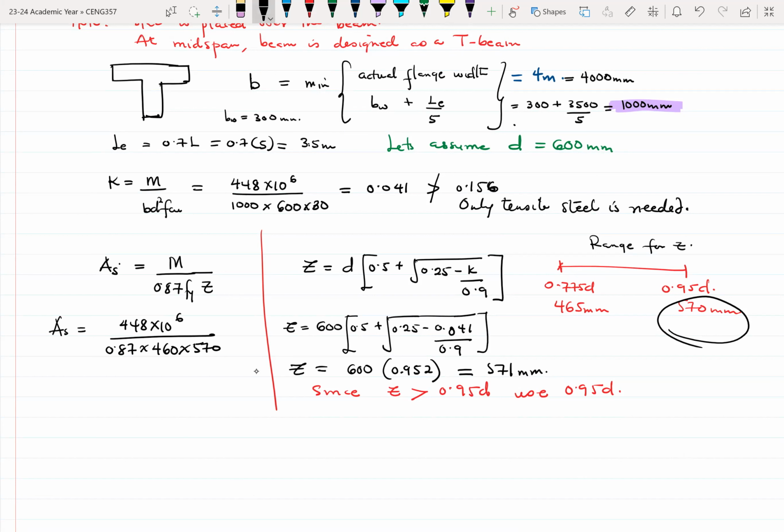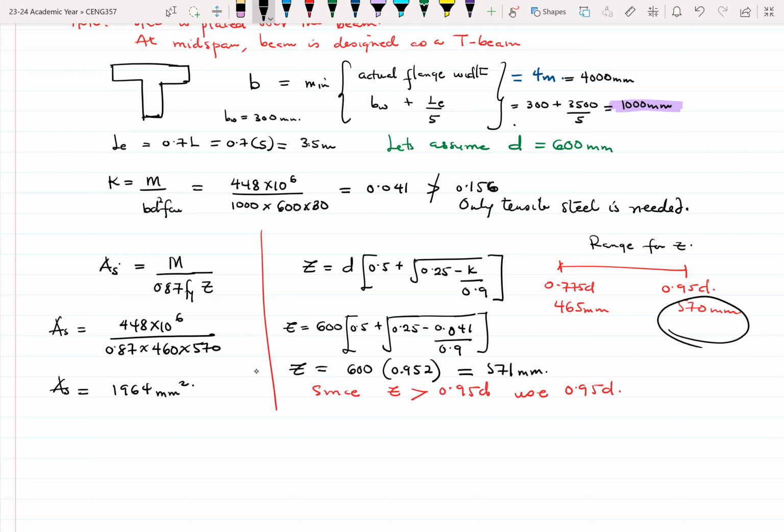Once we have that, that will give us AS of 1964 millimeter squared, right? From these calculations.